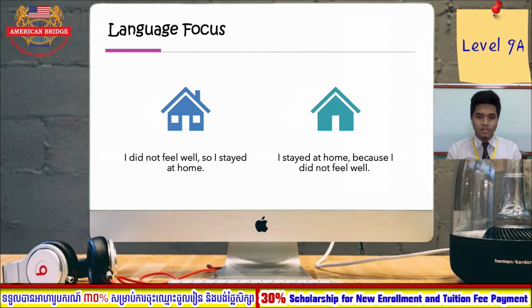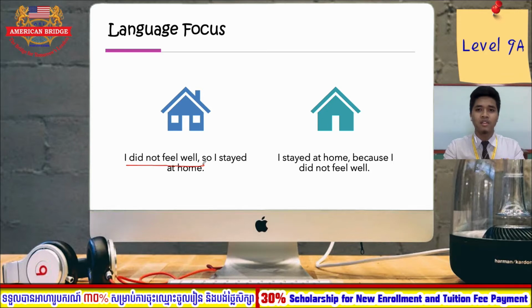Here there are 2 different sentences, but let's look at the first part only. The first sentence: I did not feel well, so I stay at home. This sentence has cause and effects. What is the cause and what represents the effects? I did not feel well.